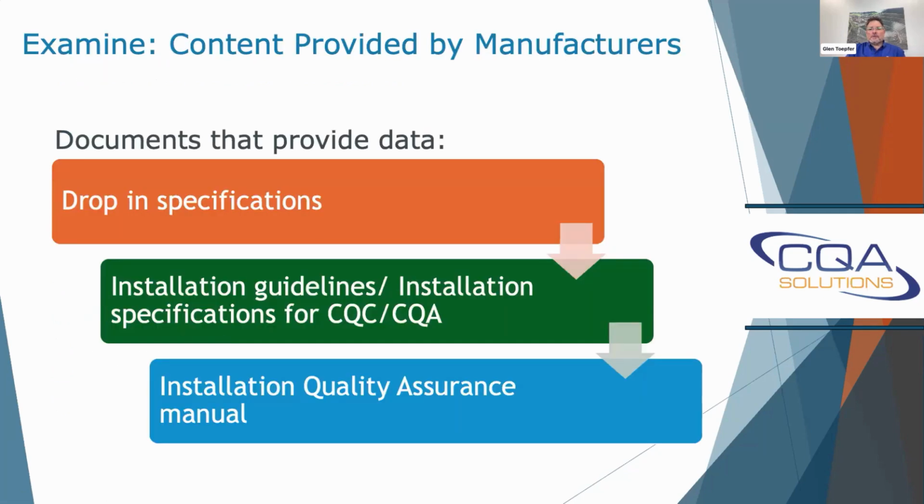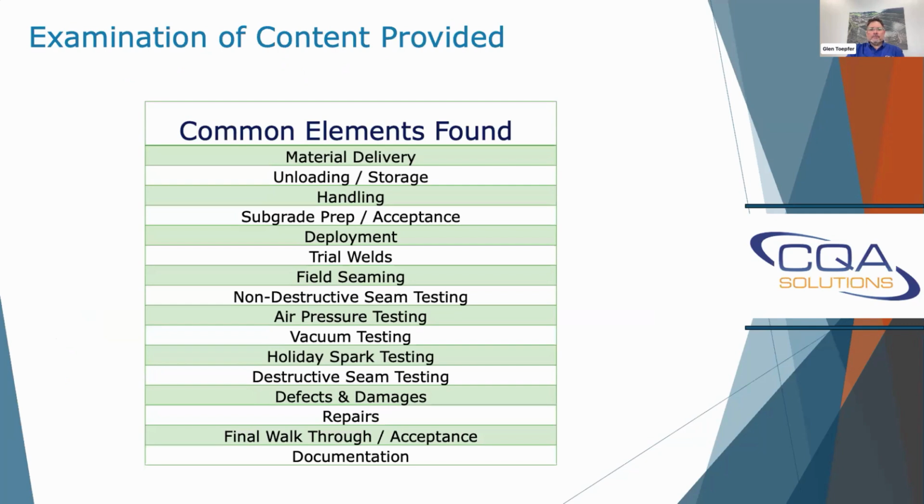The content that our team looked at, provided by the manufacturers, included different drop-in specifications, installation guidelines, installation specifications for construction quality control and construction quality assurance, and installation quality assurance manuals. A brief summary of what we were finding: a lot of inconsistencies in the documents from manufacturers here in the United States, such as AGRU, SCAPS, Solmax, and then we looked at some international ones as well, and the content all varied.